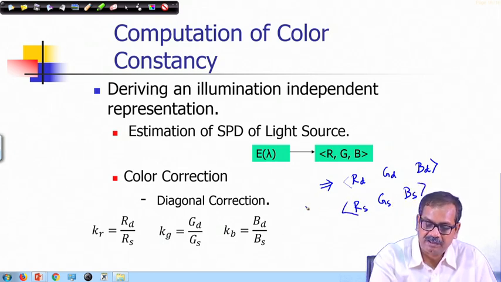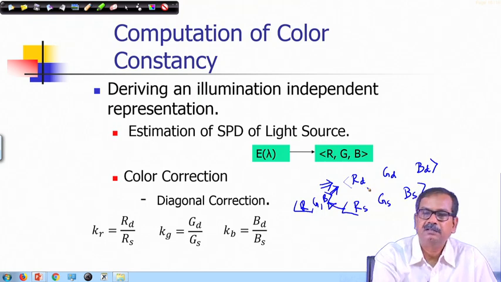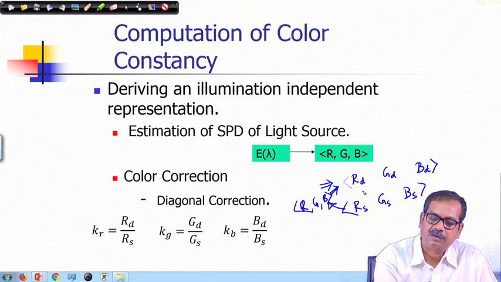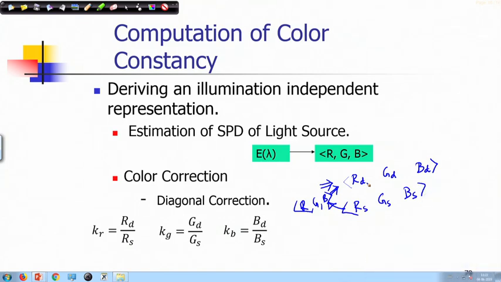So, for any pixel RGB obtained due to illumination, you can modify it so that as if the same color would be obtained from the illumination of this color vector. That is the correction we are going to do.